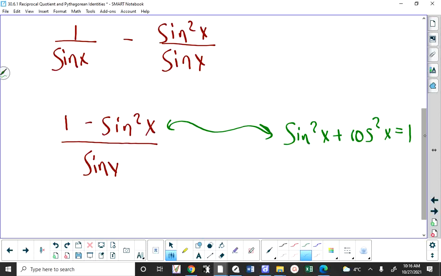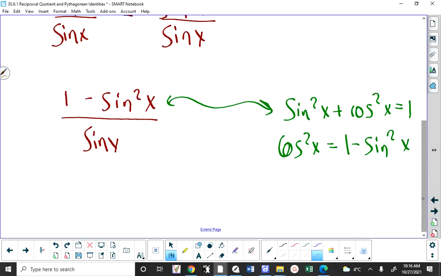So I say I want 1 minus sine squared. Well, it's x. I guess I shouldn't change variables. So I'm going to subtract sine squared from both sides and have cos squared of x. I end up with then cos squared of x over sine of x. Are you okay with that, Grant?